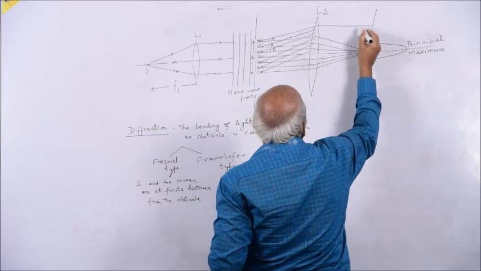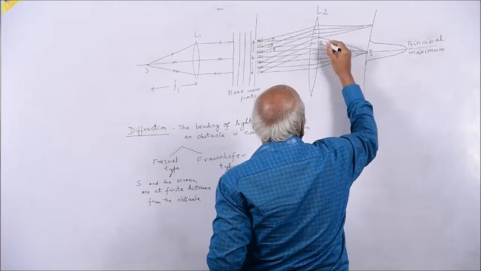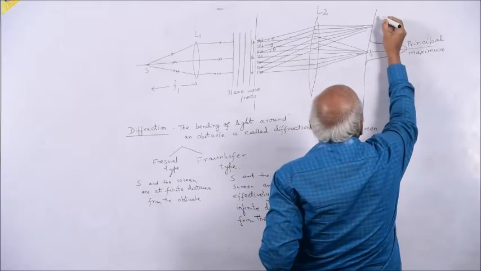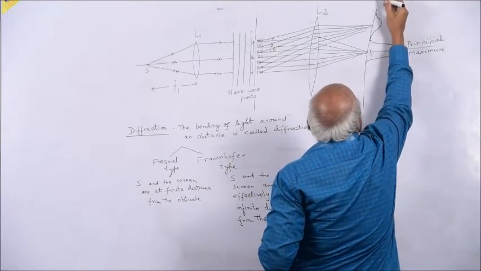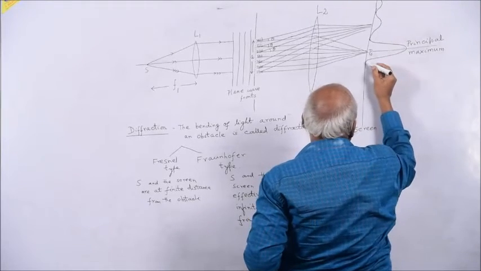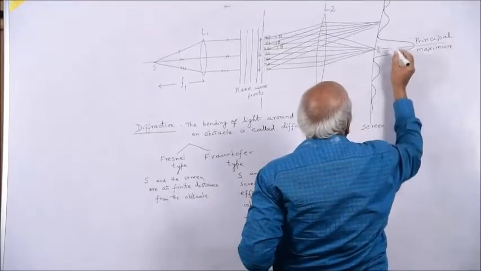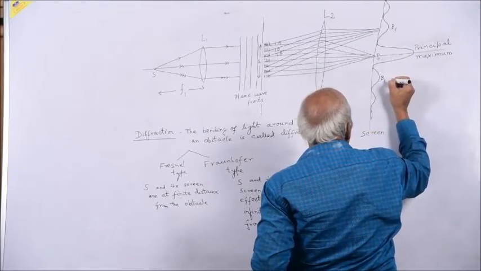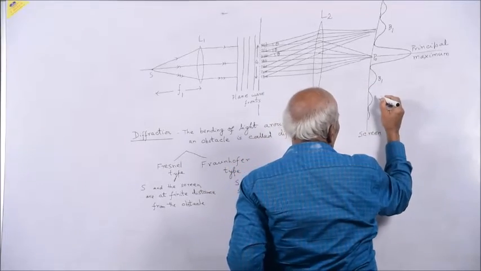They converge to another point on the screen. This is called B1, the first secondary maximum.